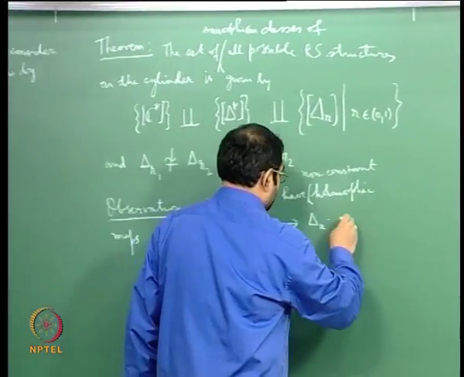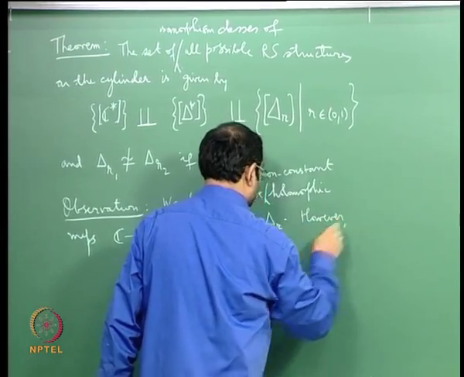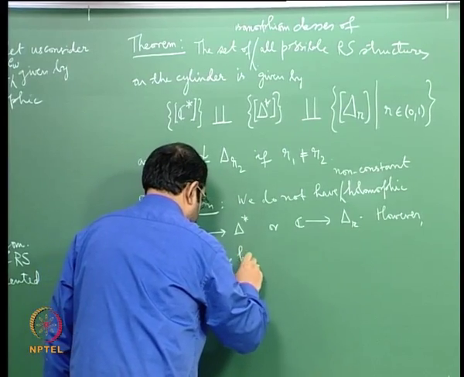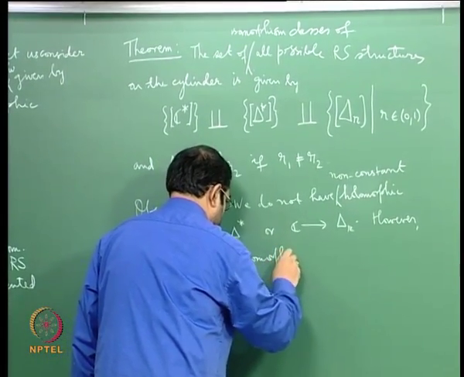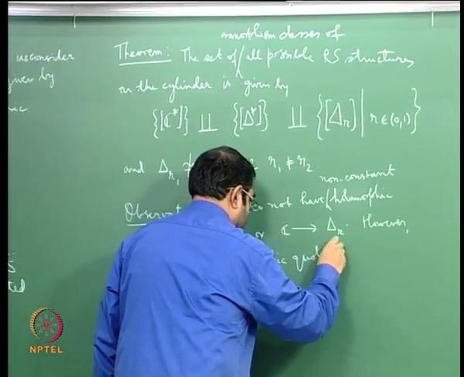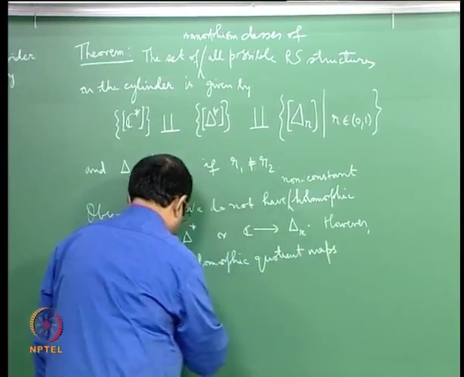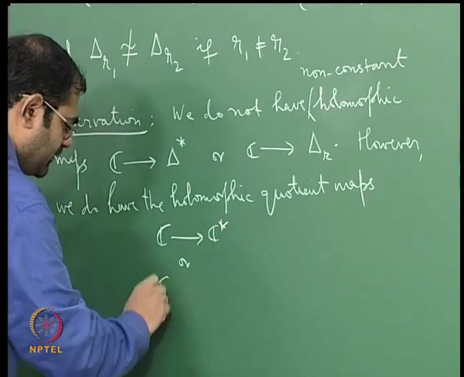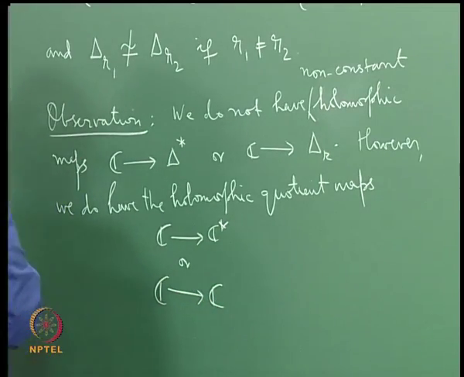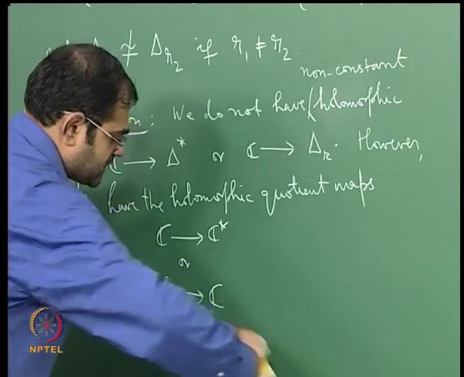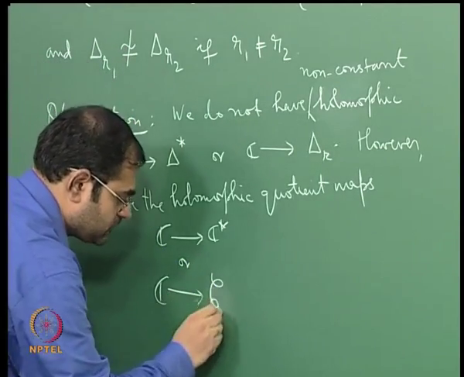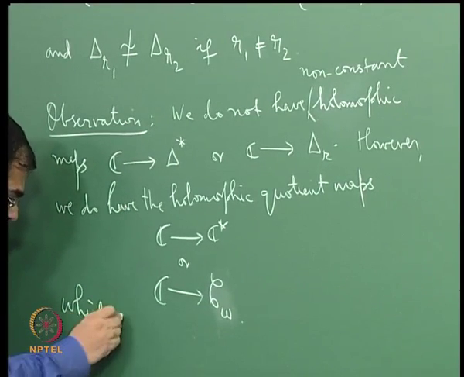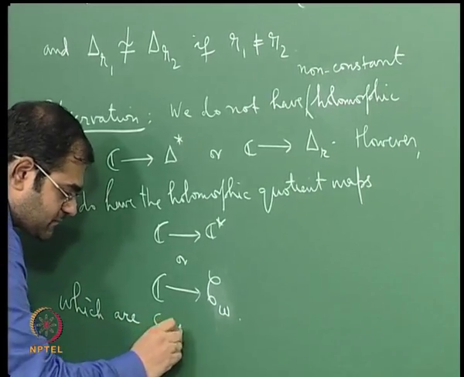Let me write that down. However, we do have the holomorphic quotient map from C to, if you want, C star or C to calligraphic C sub omega, which are covering maps.